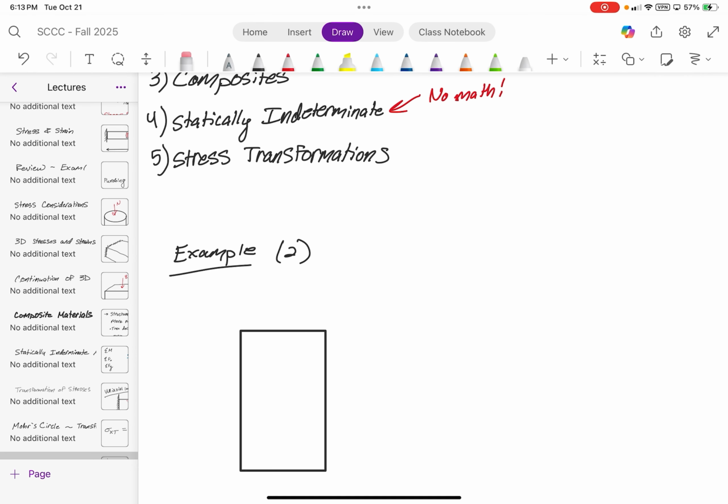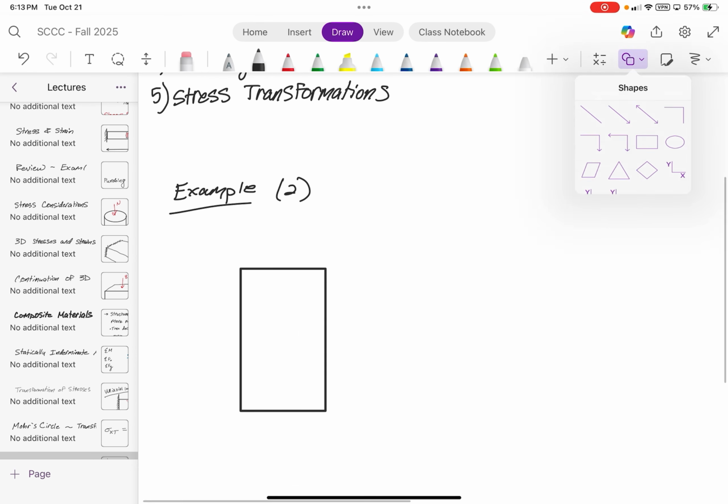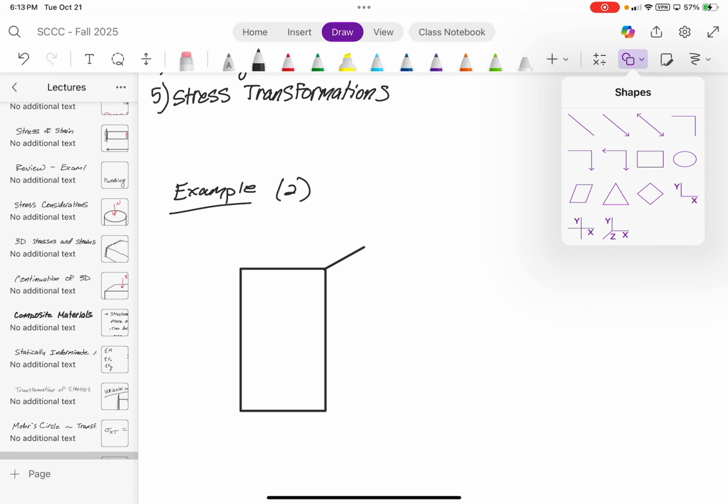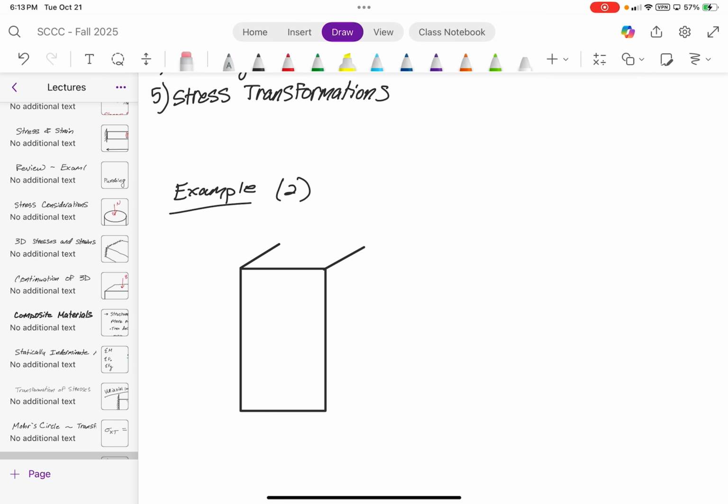And for this, let's have a rectangular block. I'm going to draw it out real nice.